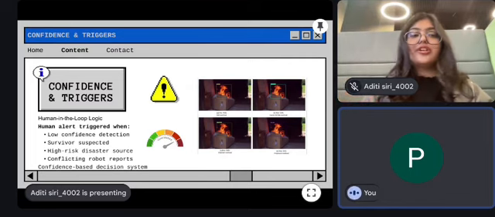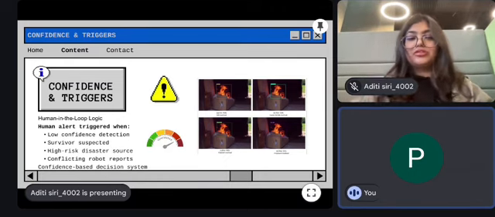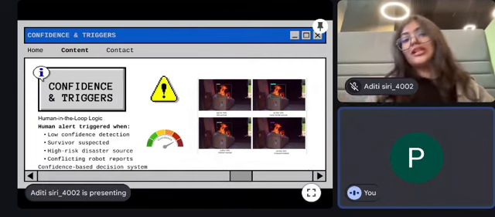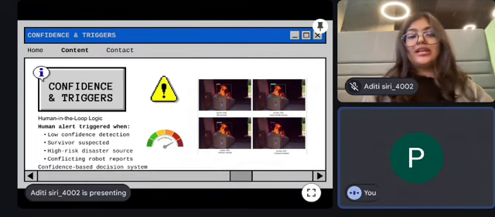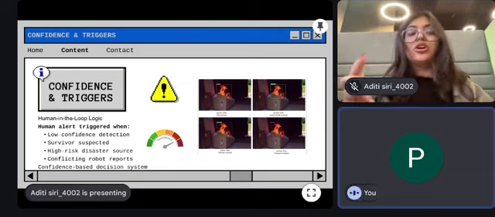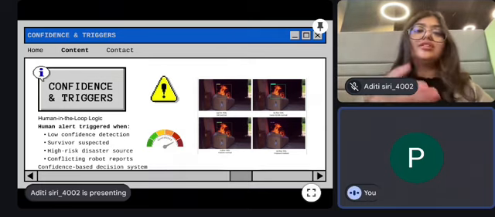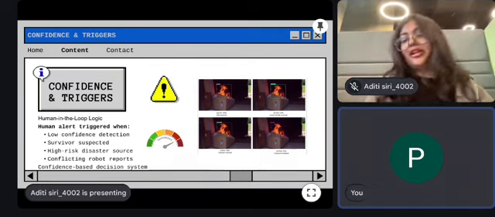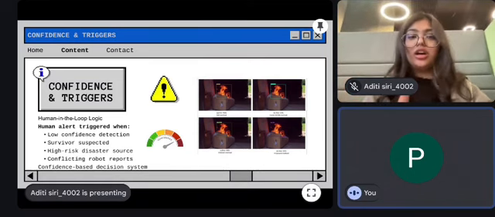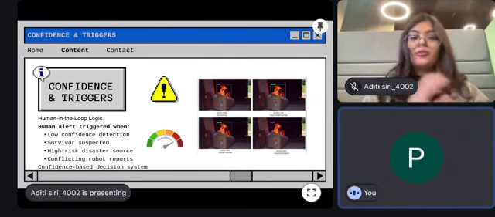If the confidence level is low, a survivor is suspected. The human in the loop logic comes into the picture, where the human looks at the images and gives his own input saying that yes, there is a person or a disaster or a fire happening in that particular region, and confirms whether that is a trigger point or not.